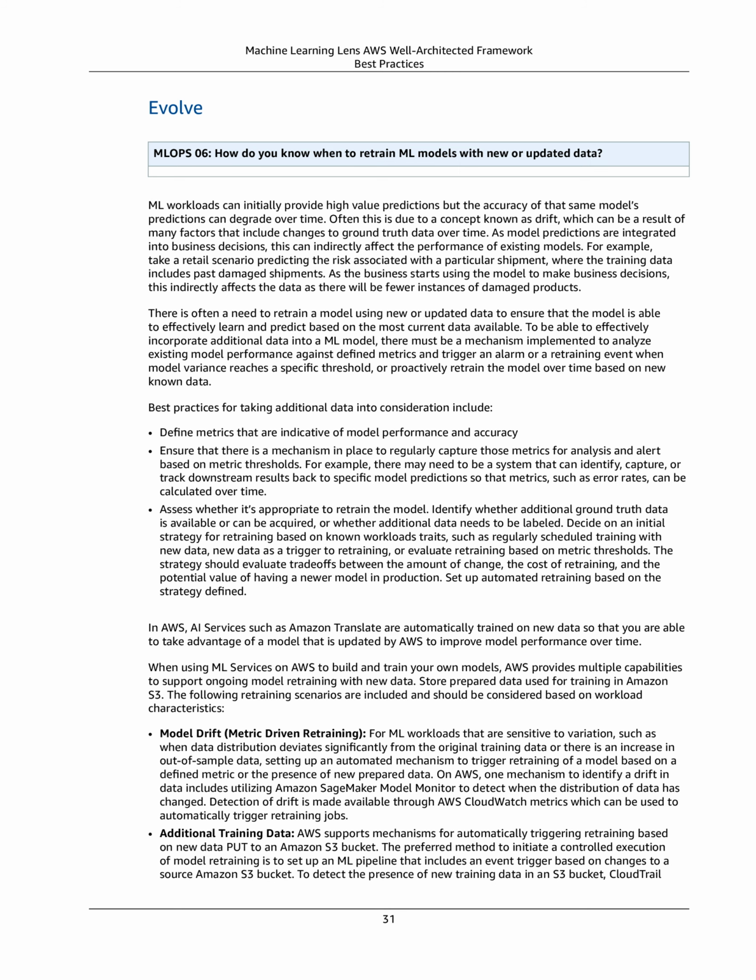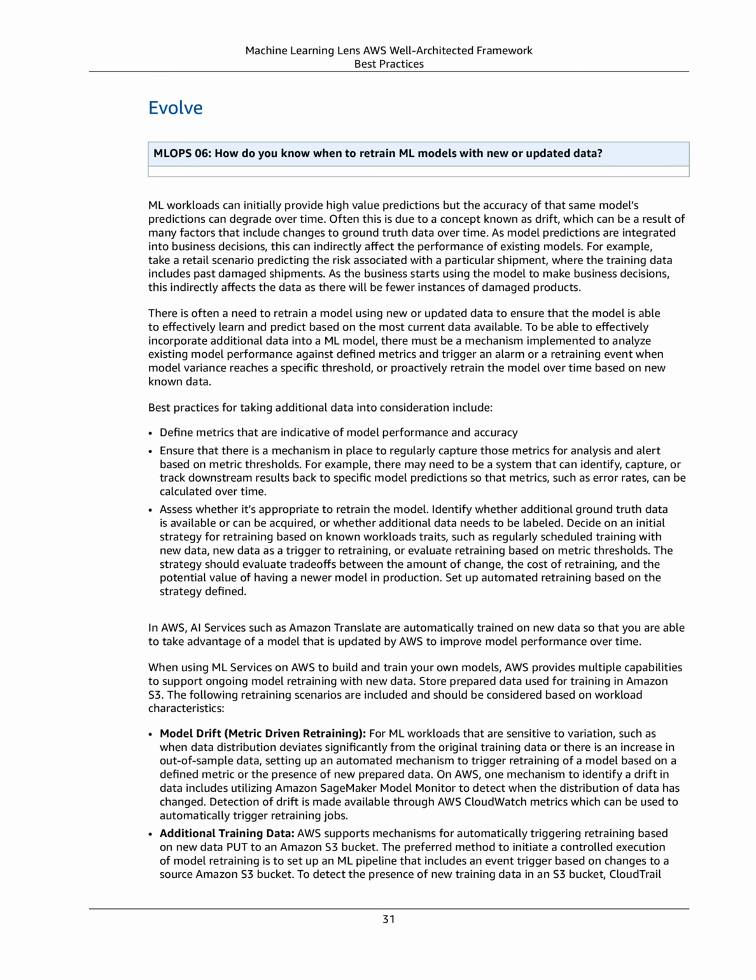Additional training data: AWS supports mechanisms for automatically triggering retraining based on new data put to an Amazon S3 bucket. The preferred method to initiate a controlled execution of model retraining is to set up an ML pipeline that includes an event trigger based on changes to a source Amazon S3 bucket.